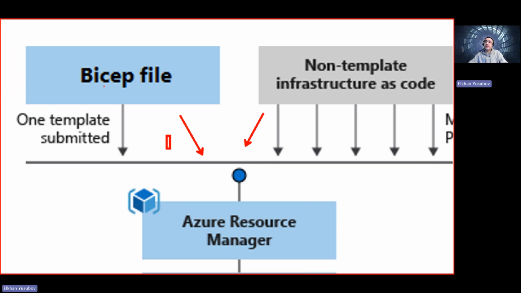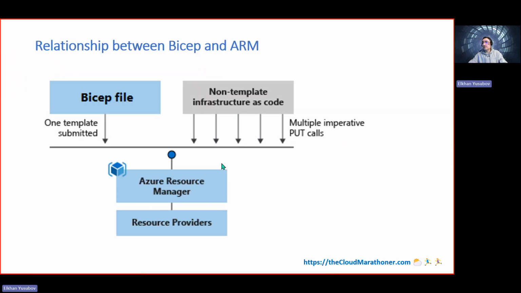Once we have our Bicep file, when you compile it, it's going to create ARM templates, which are going to go through the Azure Resource Manager, which is the layer before your resources get deployed into the Microsoft Azure environment.